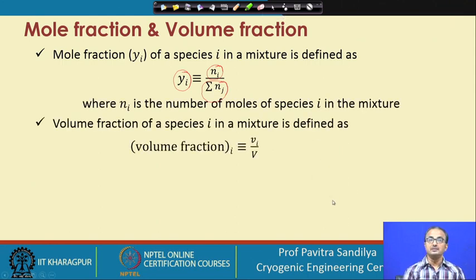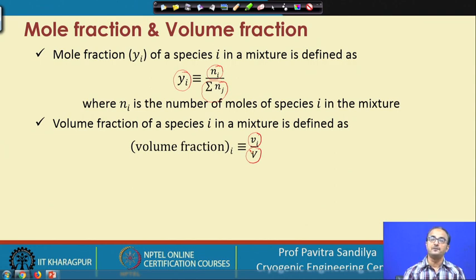Now, volume fraction is defined as the volume occupied by a given species i divided by the total volume of the mixture. Now, in this case, please note I have not put the total volume in terms of summation of the individual volumes because volume is not in general conserved, unlike mass.